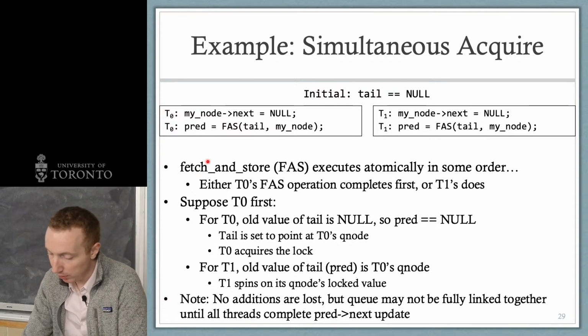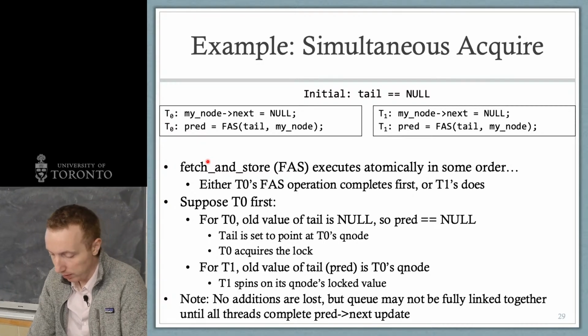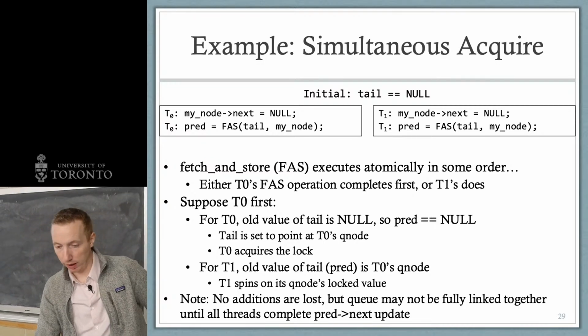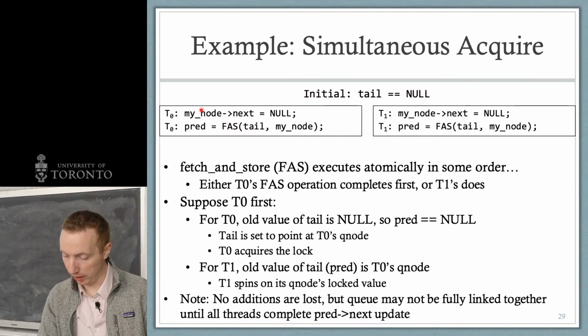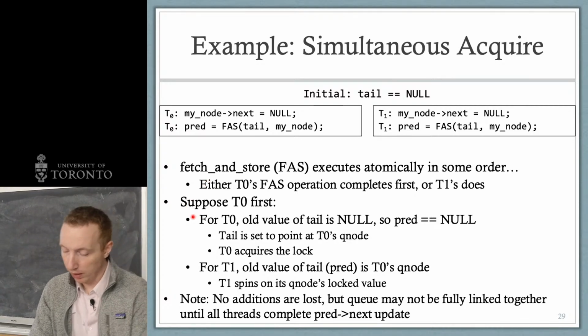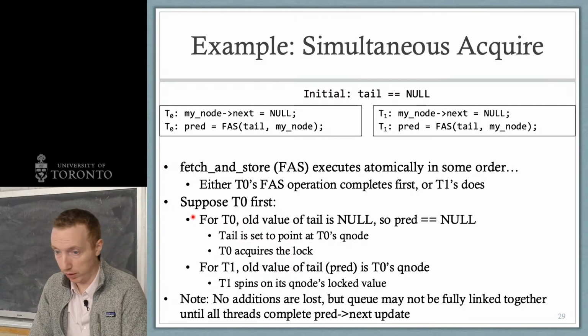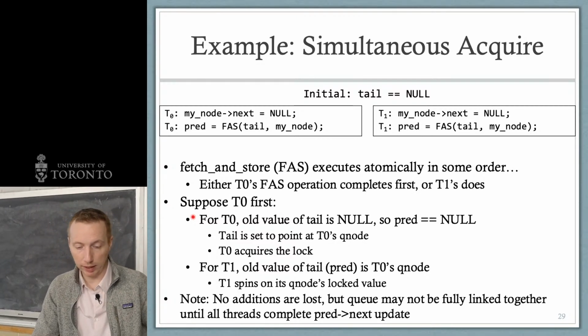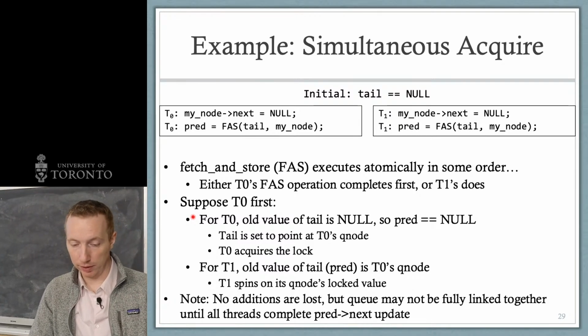We don't know which thread is going to execute first, but since fetch and swap is atomic, we know that one of them is going to finish first. So if thread 1 or thread 0 finishes first, the old value of the tail is null since it was the first one to actually run and try to set it. So it would get a null back, so its predecessor is equal to null.